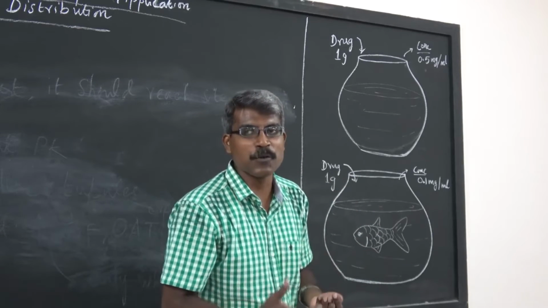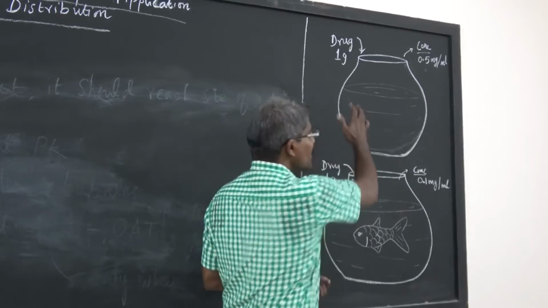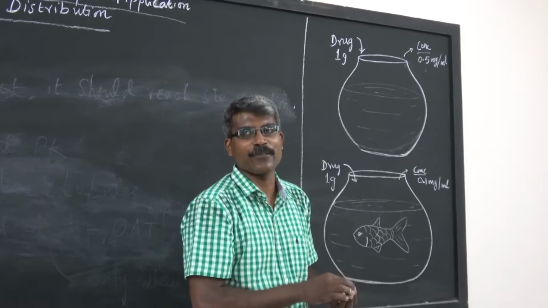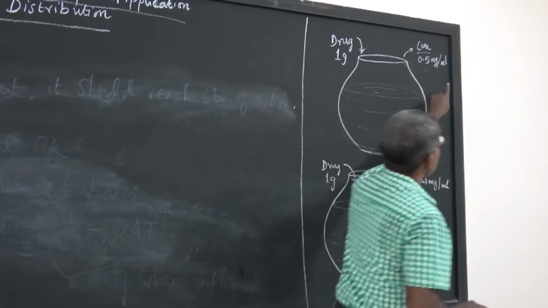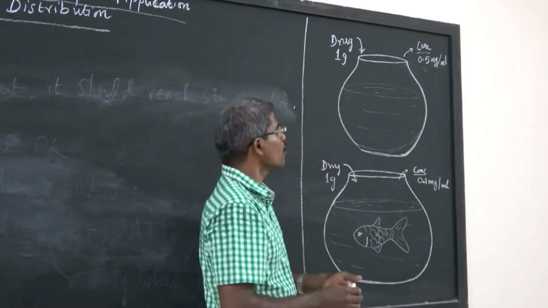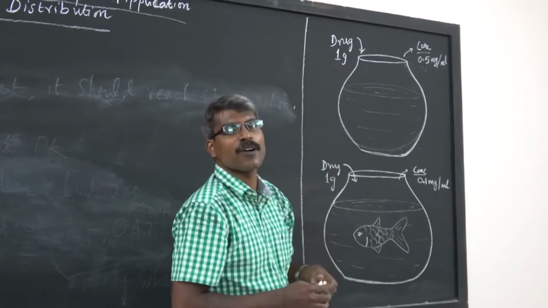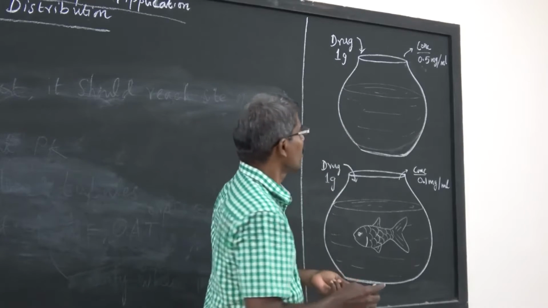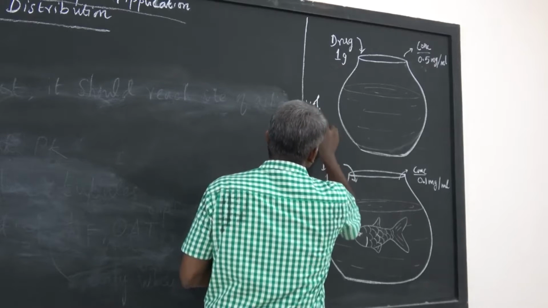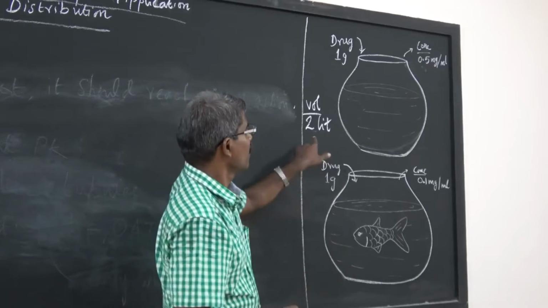Now, if I ask you what is the volume of water in this small jar, we can easily find out, isn't it? 1 ml has 0.5 milligram, and so to get a total of 1 gram, the total volume will be 2 liters. Am I right?